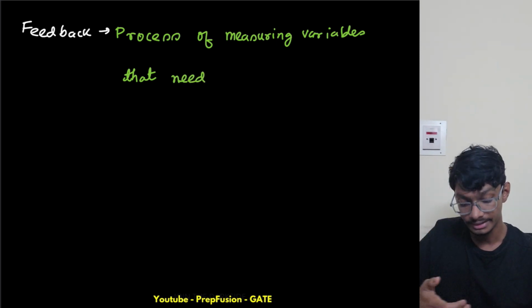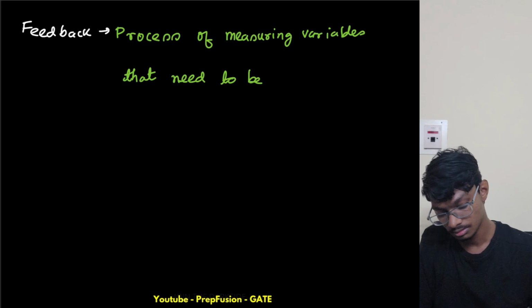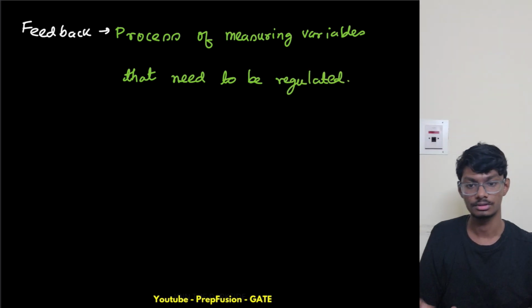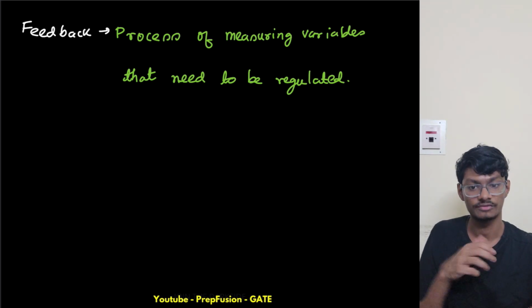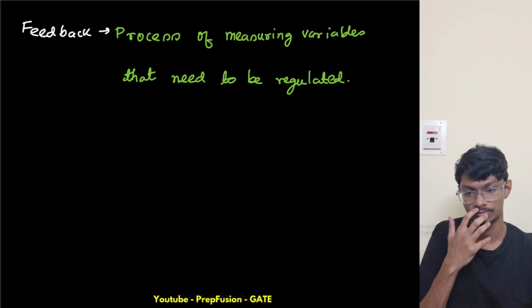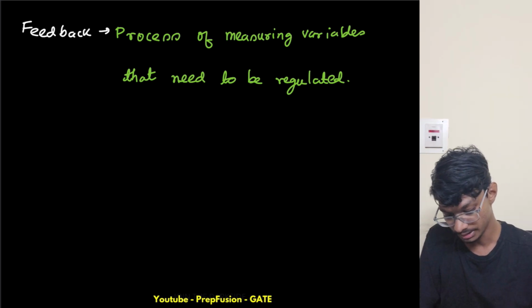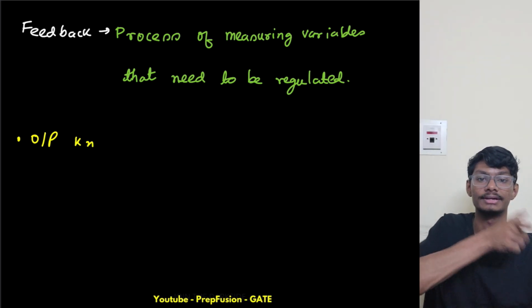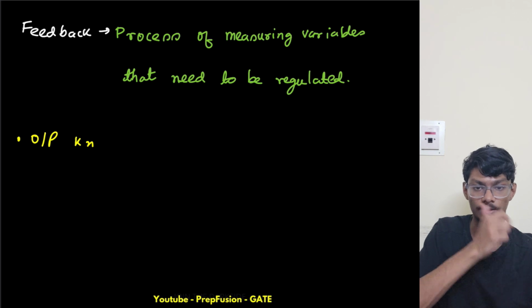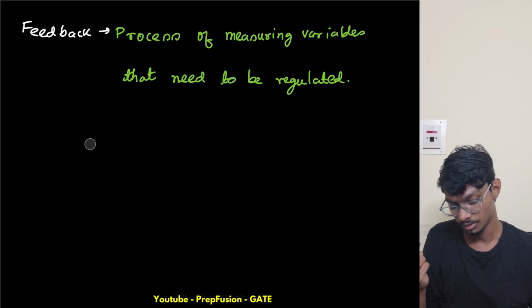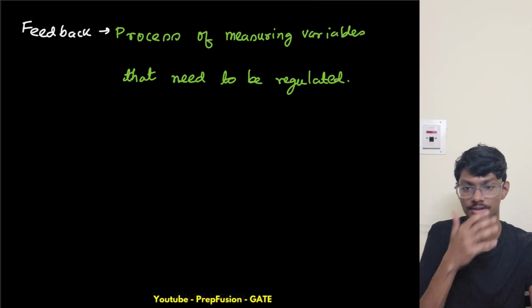Process measurements that need to be regulated. Okay, that is what feedback is. We're measuring it, and this is more robust, but here the output knows what is happening at the input. These things I've already explained to you, I won't write it all down, it will take more time.